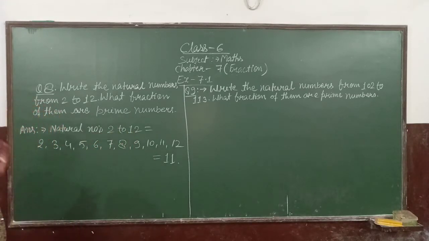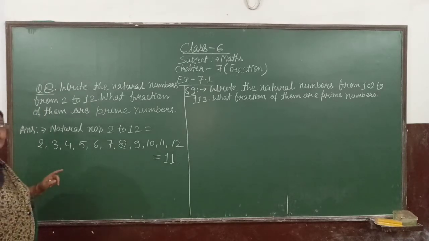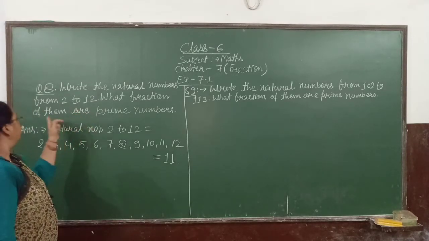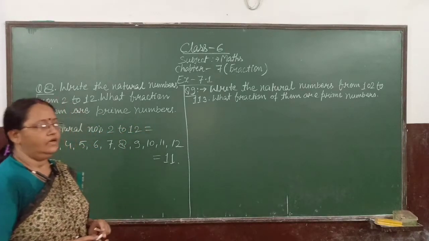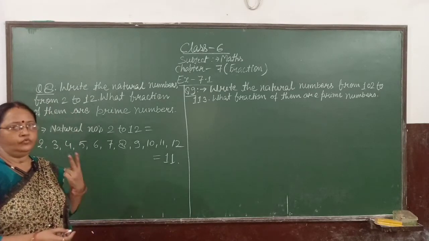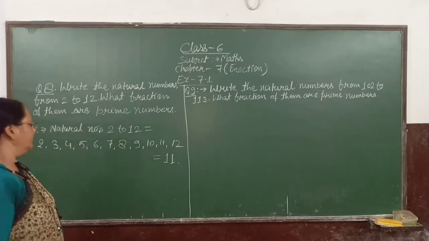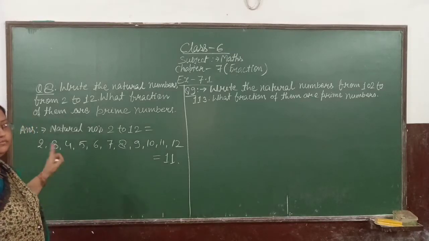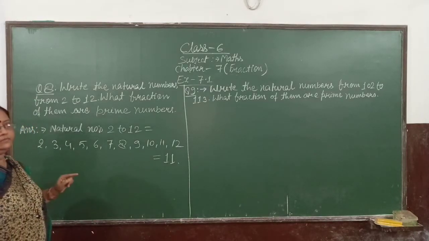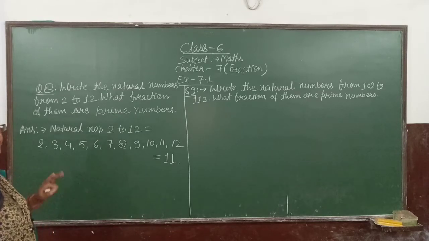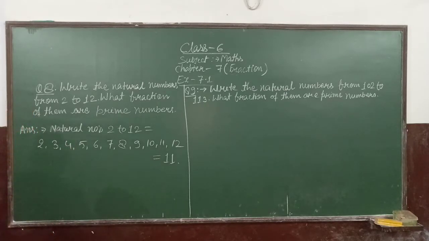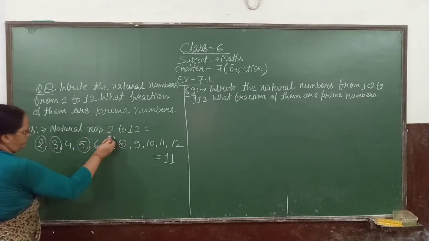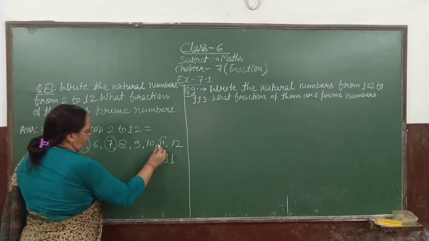Okay? And here you should know one more thing, that is prime number. Which number is prime? A number which has only two factors, one and itself. मतलब वो नंबर जो 1 से डिविजिबल हो और itself खुद से डिविजिबल हो. A number which has only two factors, one and itself, is a prime number. So start to count prime numbers: 2, 3, 5, 7, 11.